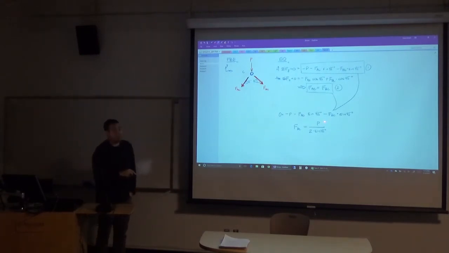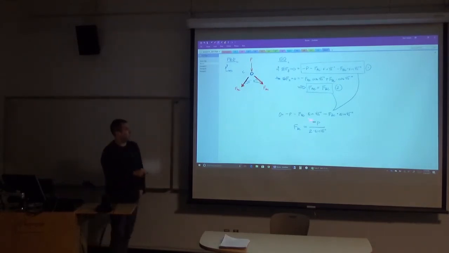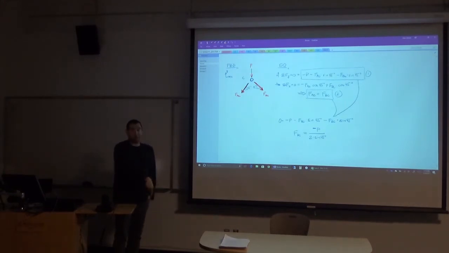Now, what I'm missing here, importantly, is that there's going to be a negative sign out in front of that as well. All of these terms are negative, so if I brought FBCs over to the other side, they become positive. And so importantly, I do get a negative symbol in front of P. And what this tells me, to kind of go back to the question about do we know if this is in tension or compression, is that if P is a positive value, if it's like 10 kips going downwards, because this is already showing downwards, if this was 10 kips, I would get negative 10 kips divided by 2 times sine 45.